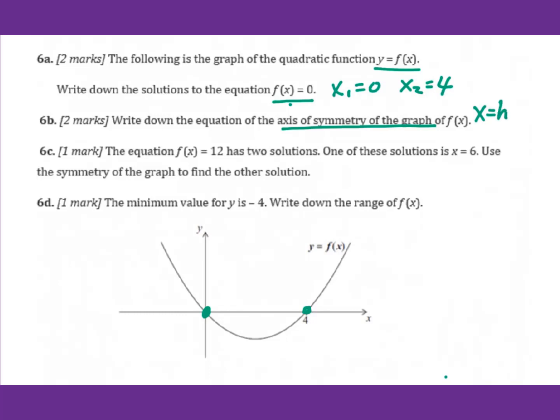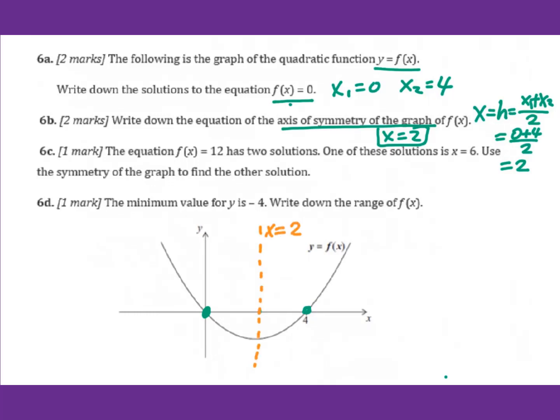X equals h, x1 plus x2 over 2. Therefore, you will get that 0 plus 4 over 2 equals 2. X equals 2 will be the axis of symmetry. It will be in the middle between 0 and 4.